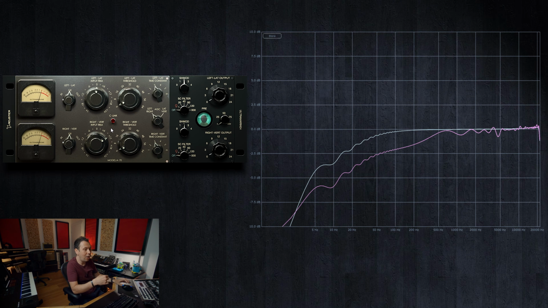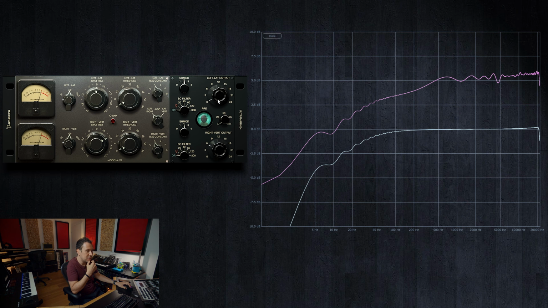So you can see how the left channel is still unchanged and the right one has changed completely. If I disengage the pre, then the two channels are back to being equal, even if the input trim for the right channel stays at what seems to be +12. It only works, it's huge magic, when the preamplifier modeling is on. Then what happens if I crank this +6 and this +6?